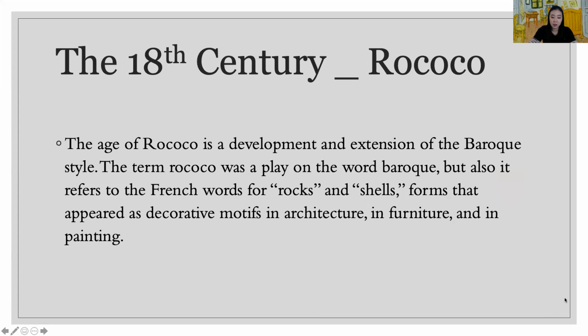And the next art movement we are going to see is the Rococo. The age of Rococo is a development and extension of the Baroque style.